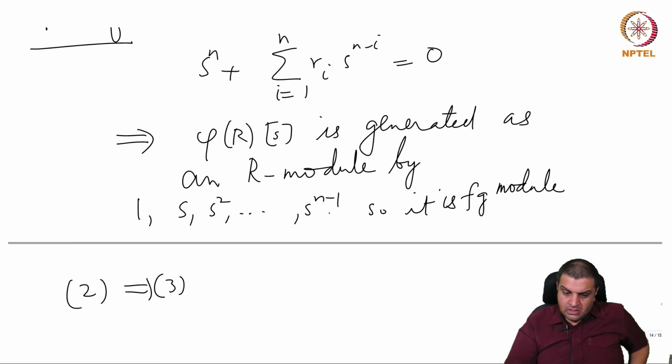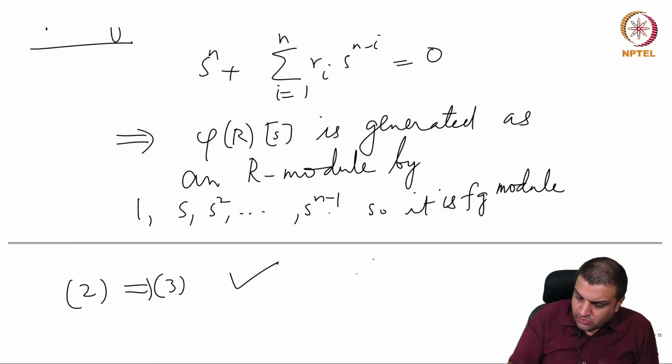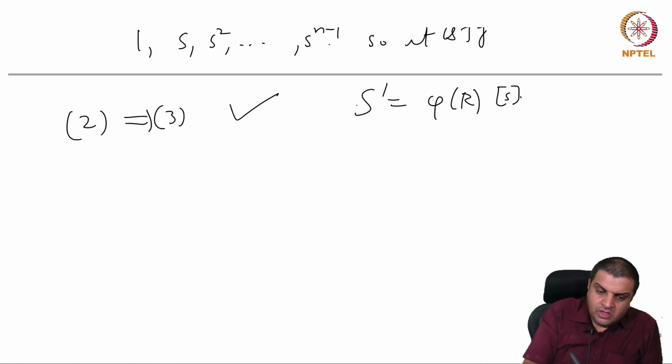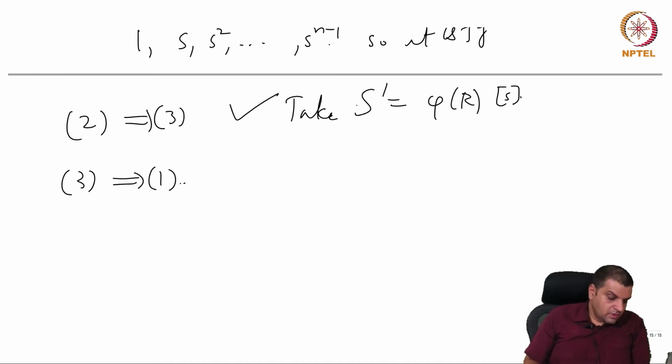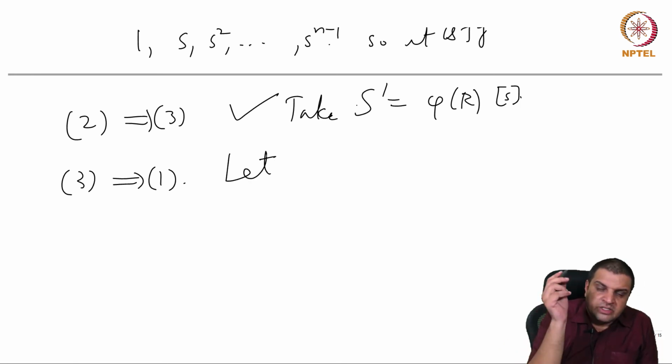And okay, so take S prime to be phi R adjoint S. And 3 implies 1. Okay. So we'll use a determinant trick.